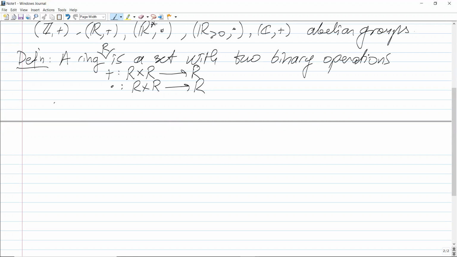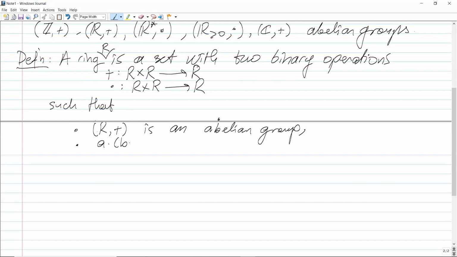such that the first thing is that R with this addition should be an abelian group. And second, this multiplication is associative.